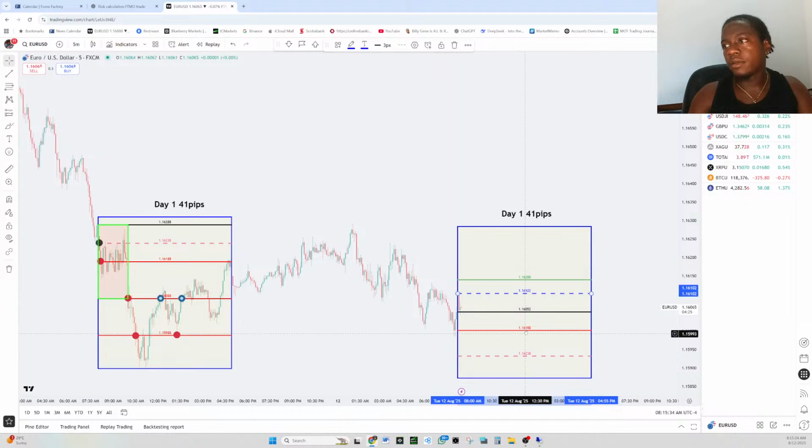That would make the sell stop minus 10 pips, 1.16002.